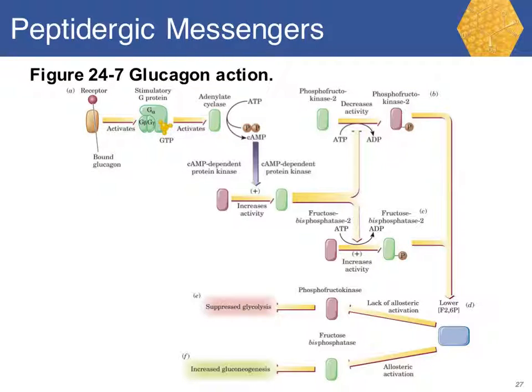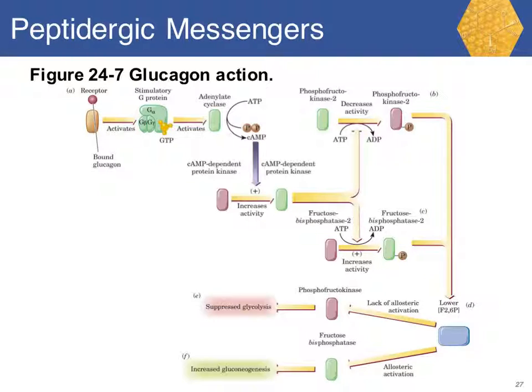Very similar events. What does it do? It activates the G protein, and the secondary messenger cAMP then activates protein kinase. We've been through this before, which is an enzyme that phosphorylates something else.